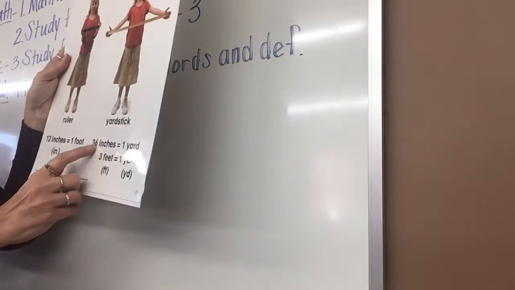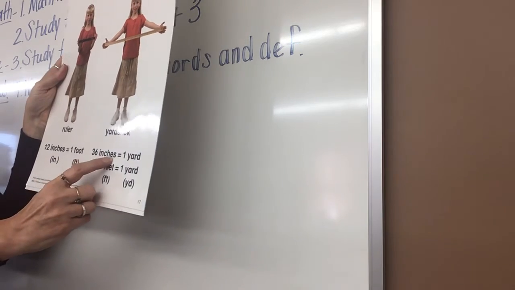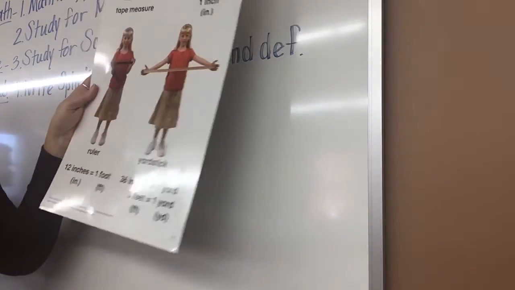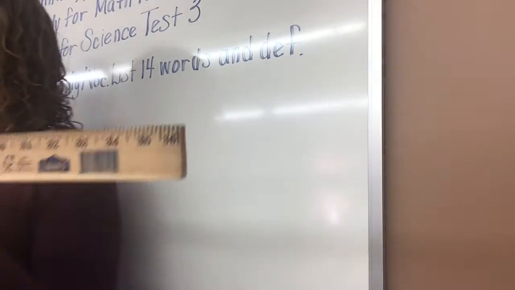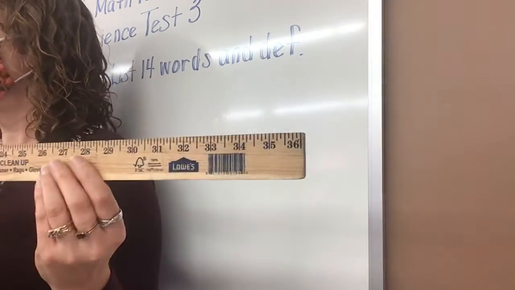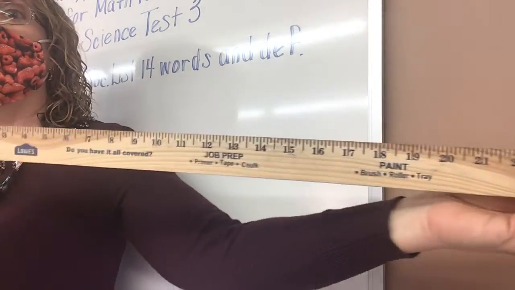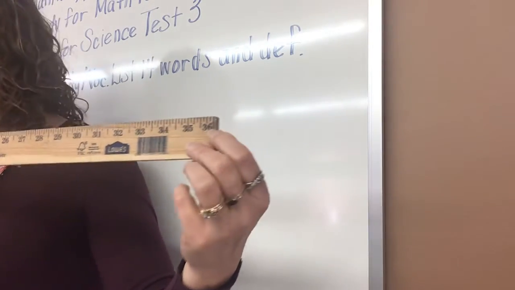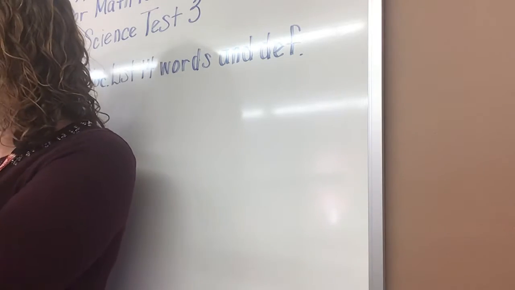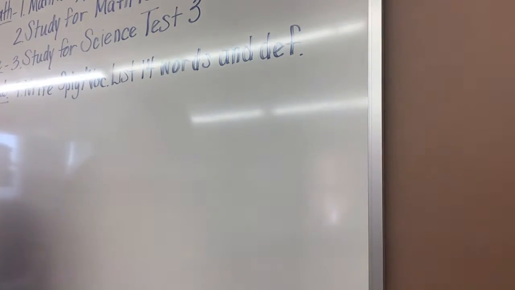Then you're going to learn that there are 36 inches equals 1 yard. And that makes sense because, guys, what's 3 times 12? 36. All right, so this is a yardstick, and you're going to see there are 36 inches in it. 12, 12, and 12. 3 times 12 is 36.